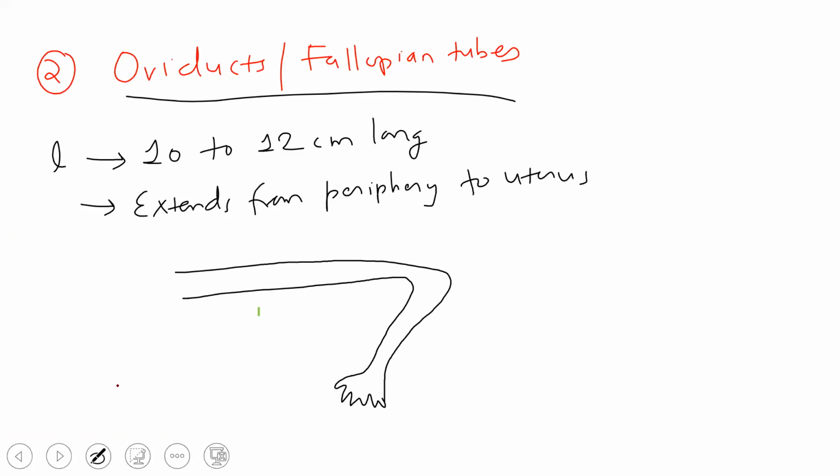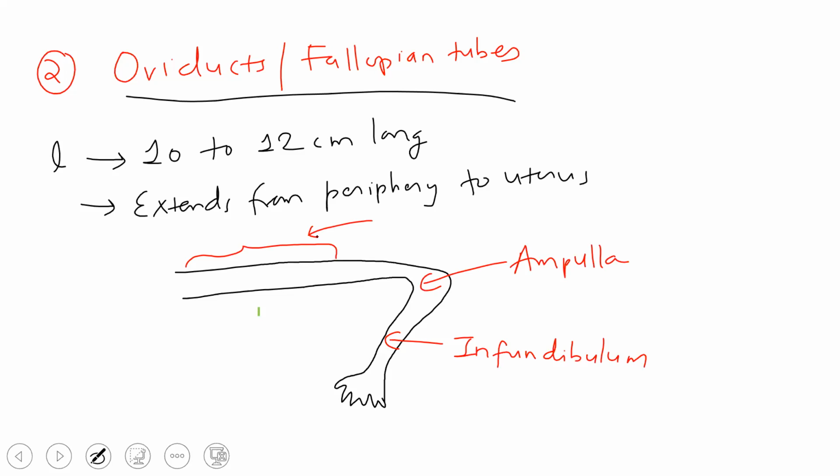Each oviduct can have three parts. This part is what we call the infundibulum. This part is what we call the ampulla. And this entire part is what we call the isthmus.